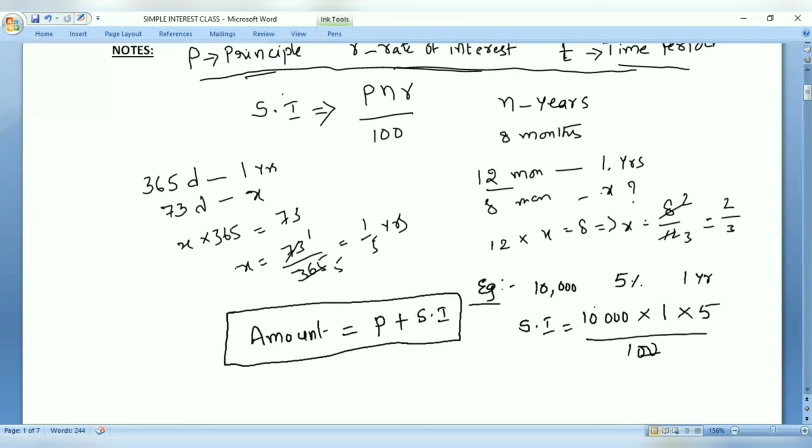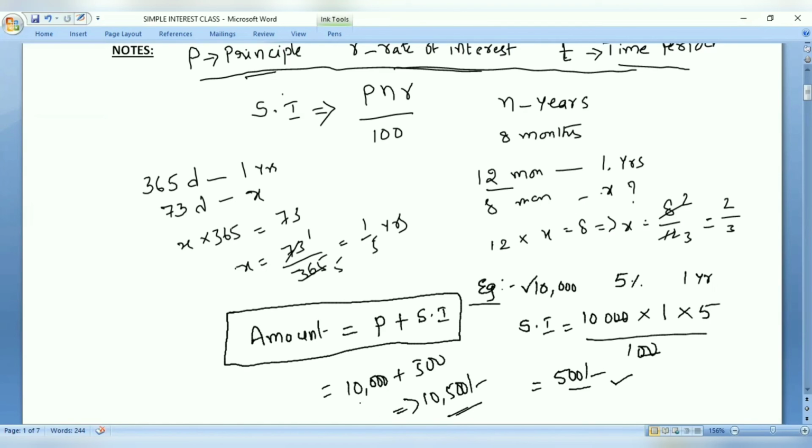So 2 zeros get cancelled. 100 into 5, that is equal to 500. So what is this 500? For the amount I deposited, this is the interest that I get. But what is the total amount that I'm going to get? Amount means 10,000 plus my interest together will give you the final amount. So 10,500 is the amount.